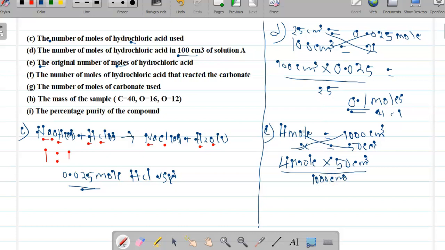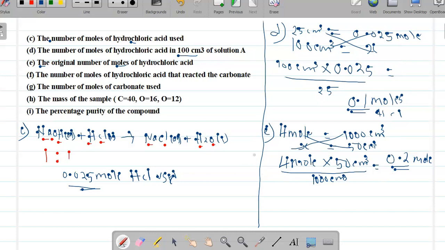So 50 times 4 divided by 1000. What do we get? Let us see it using a calculator. 4 times 50 divided by 1000, we get 0.2 moles.